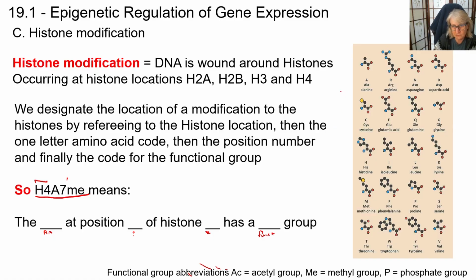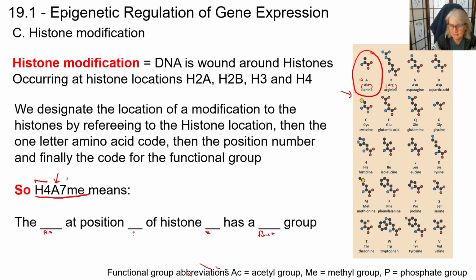And just so you know, over here, this is a chart of the different amino acids. I tend to use the 3-letter code, but there is also a 1-letter code. So if you're trying to figure out what this A means right here, A stands for alanine.